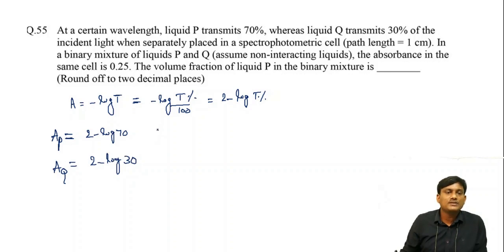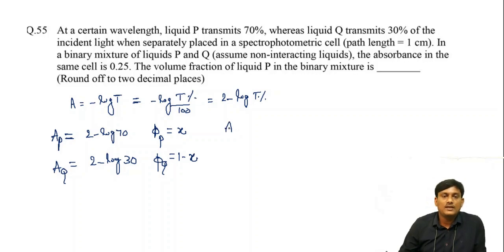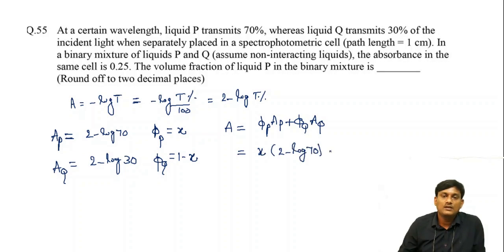Let us take the volume fraction of liquid P as X. Then the volume fraction of Q is equal to 1 minus X. Then the total absorbance of the mixture A is equal to phi P AP plus phi Q AQ, which is X into 2 minus log 70 plus 1 minus X into 2 minus log 30.